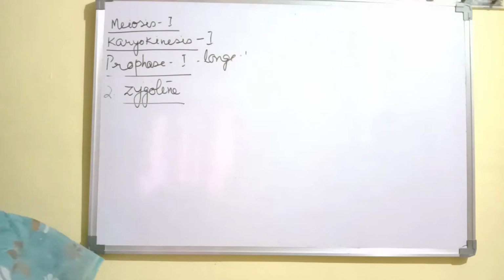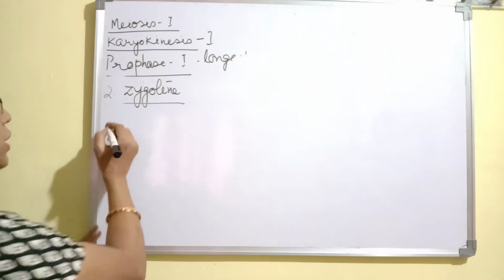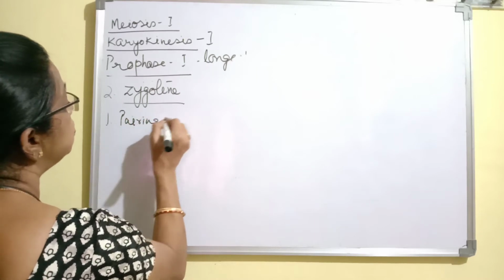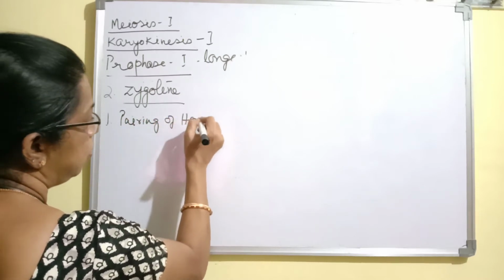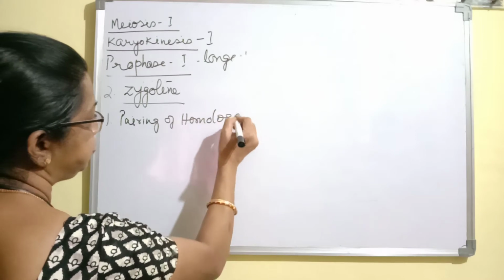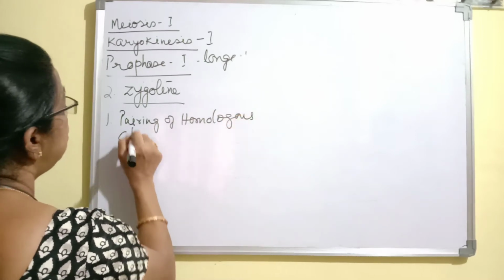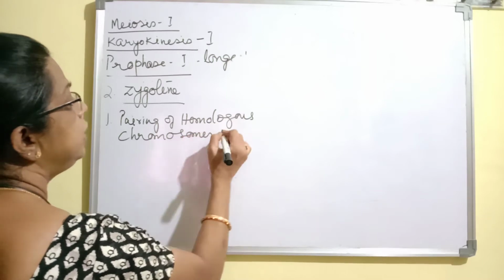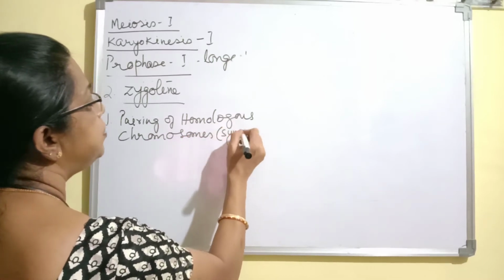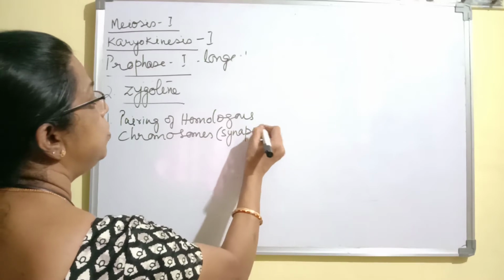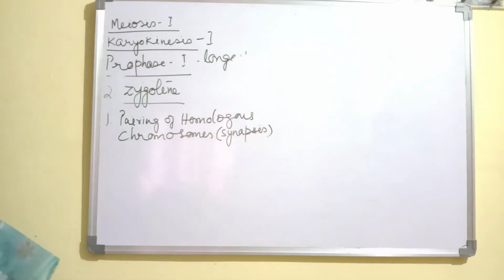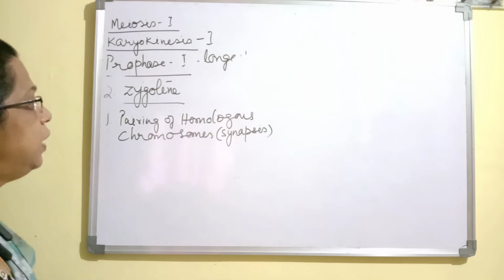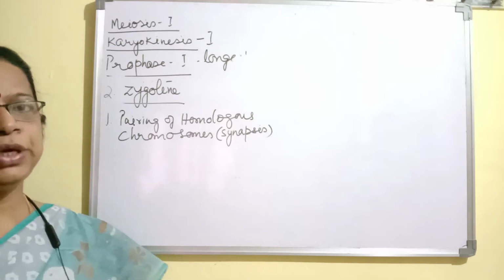The main feature of zygotene stage is pairing of homologous chromosomes. This pairing is also called synapsis. Pairing of homologous chromosomes is also called synapsis. So synapsis is the main feature of zygotene stage.